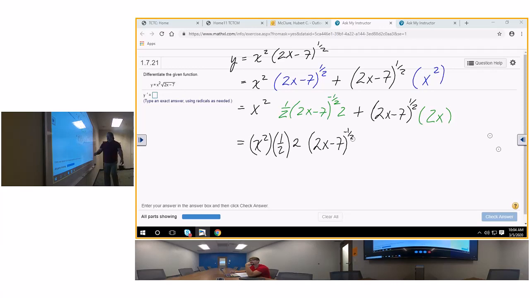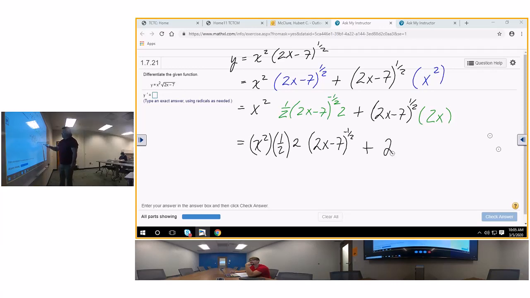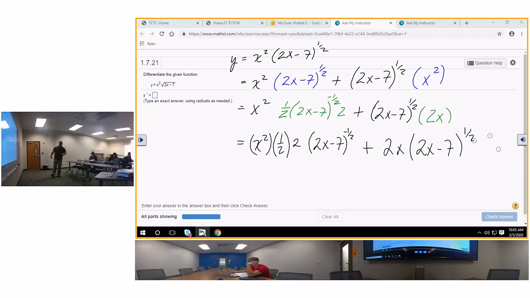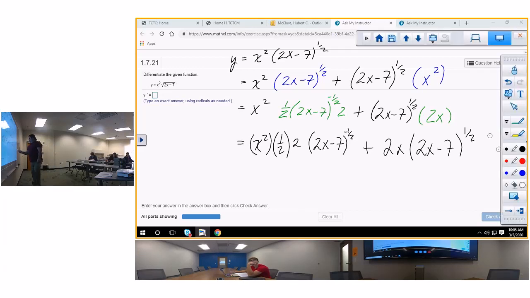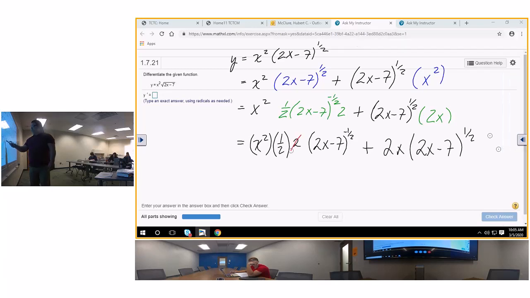Sorry. Plus 2x times 2x minus 7 to the 1/2. And all I did there, I didn't do anything, but I started putting stuff together. And it looks like to me we can take that 2 and we can cancel that 2 right here.